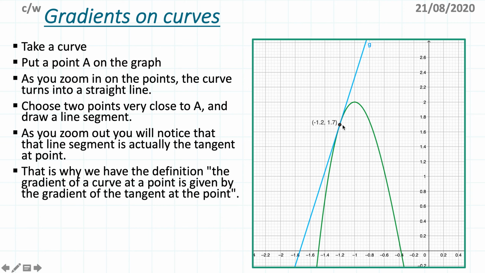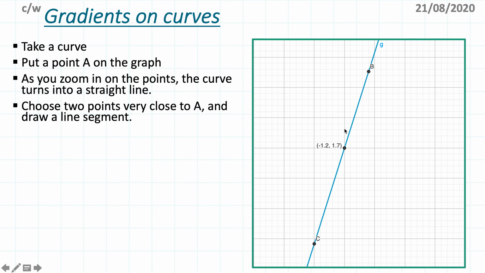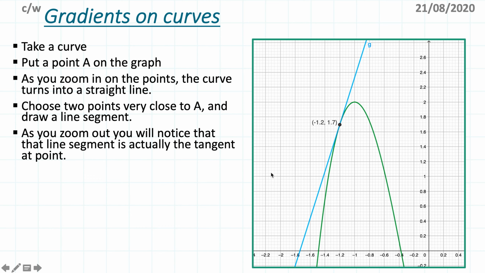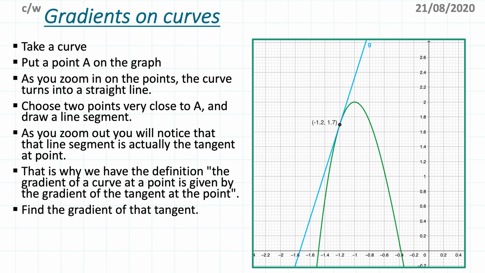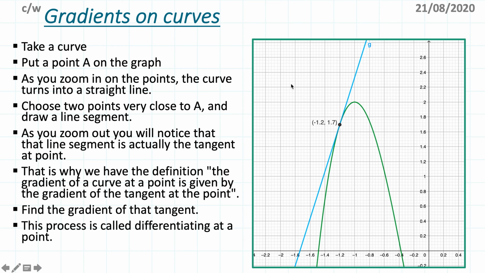And we've seen why, because as I zoom in on the point, the tangent looks like a straight line, and this tangent goes through my point as well. So we find the gradient of the tangent, and this process is called differentiating at a point. If I find the gradient of this tangent, I've basically differentiated the curve.